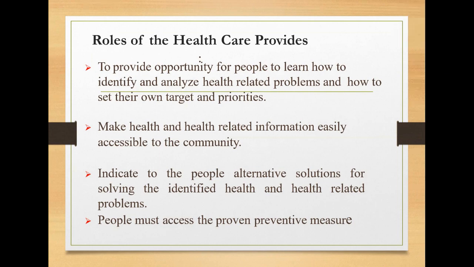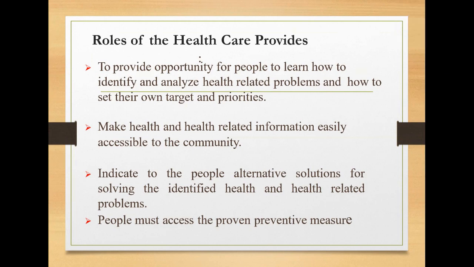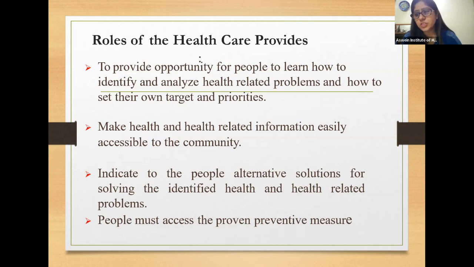Then why we talk about participation of the community, because ultimately it is a two-way communication and a two-way effort. And the last point is very important, people must access the proven preventive measures. It's not that you have a certain solution that might be suitable to you, but you have to take care how the target population is perceiving it, or whether it is practically possible for them or not.